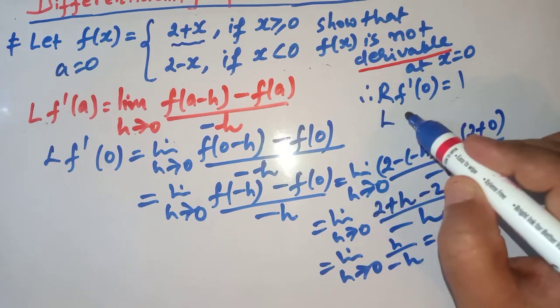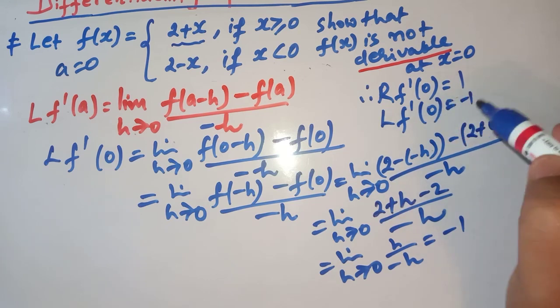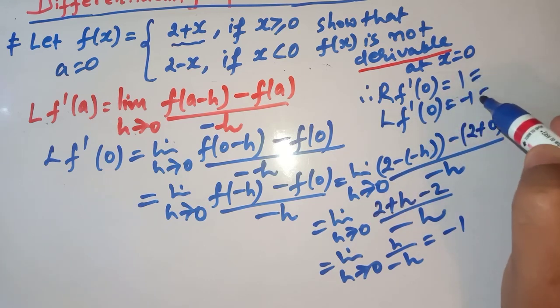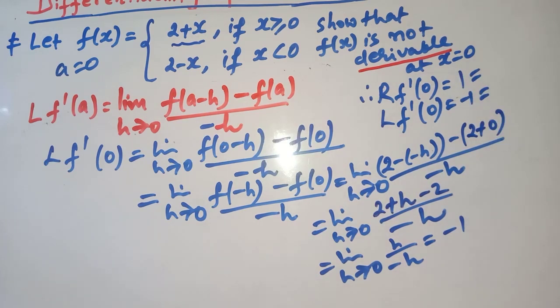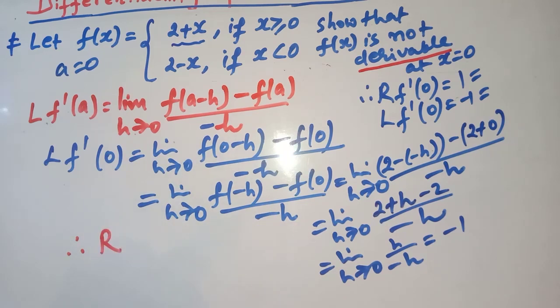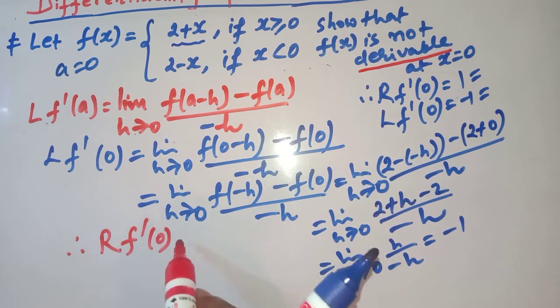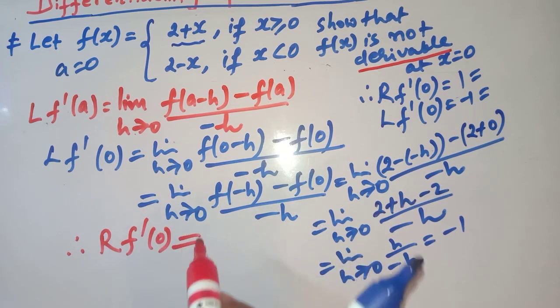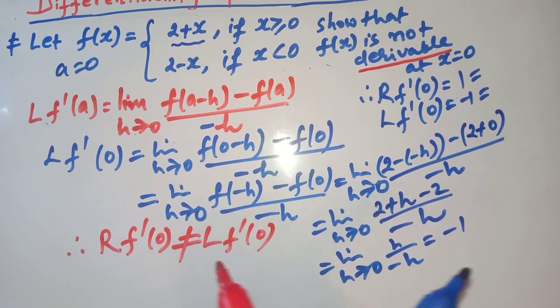So therefore we see that the left hand derivative at 0 is minus 1, and these two are not equal. 1 is not equal to minus 1. So therefore we conclude that the right hand derivative at 0 is not equal to the left hand derivative.